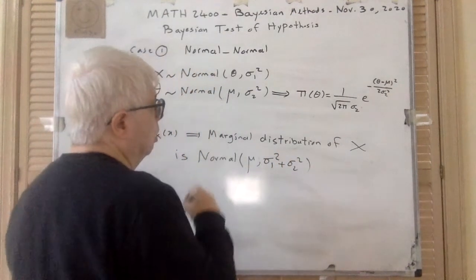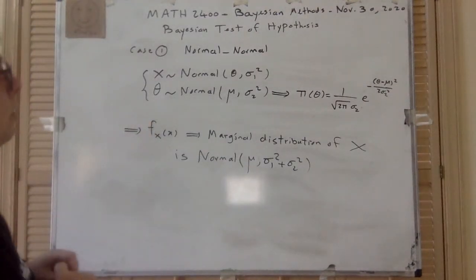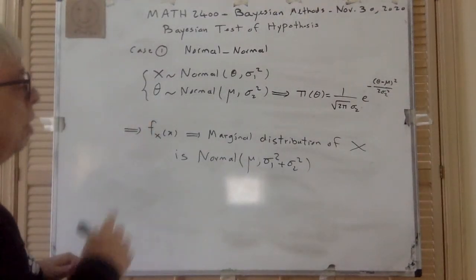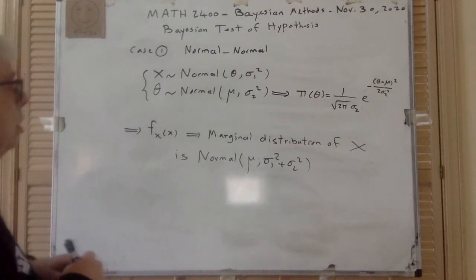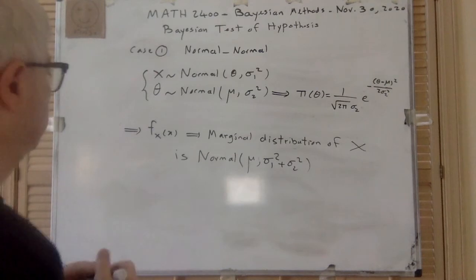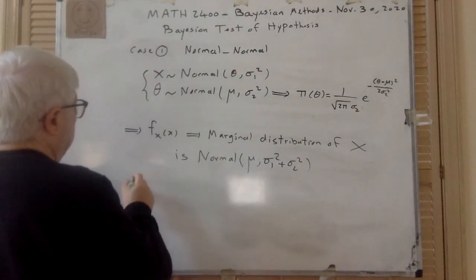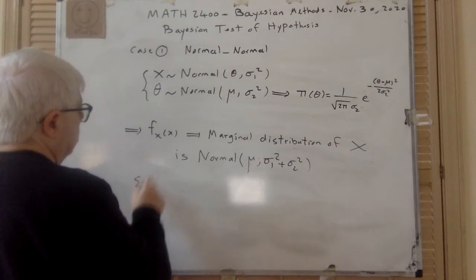This comes from those formulas; I have given this as a small theorem in the notes, so you can look at the notes. And the more important one is the posterior.